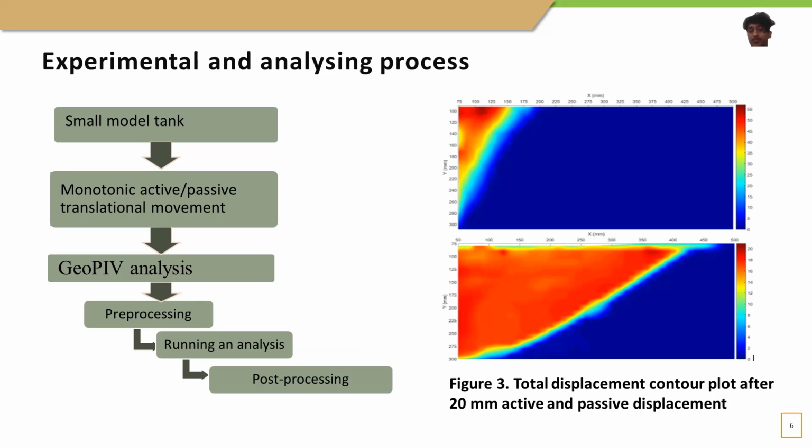As you can see in the figure, the magnitude of the total displacement is higher during the active translation movement. However, the area of soil deformation is higher during the 20 mm of passive translation movement. Also, you can see a wedge shape of failure during the passive translation movement.